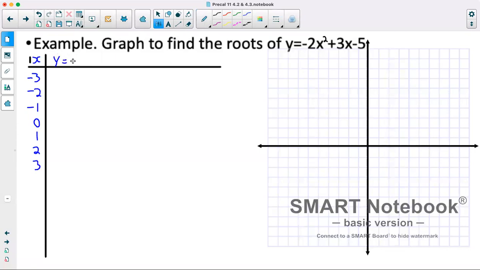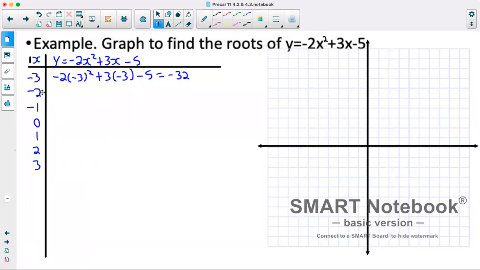And we know y is equal to -2x squared plus 3x minus 5. So we'll substitute in -3. So we have -2 times -3 squared plus 3 times -3 minus 5. -3 squared is 9. 9 times -2 would be -18. This would be -9. So -18 minus 9 is -27. Minus 5 is -32.